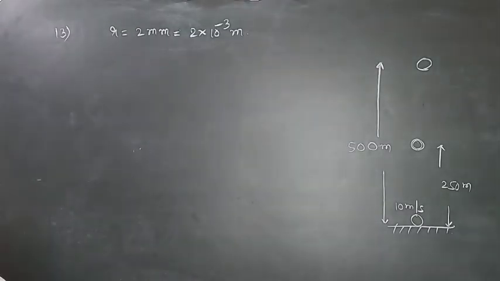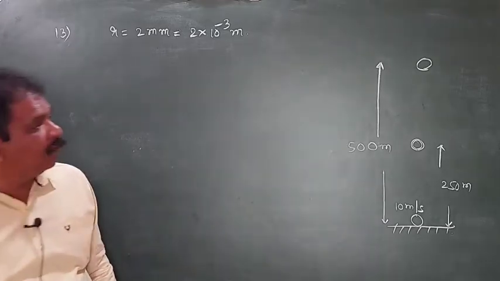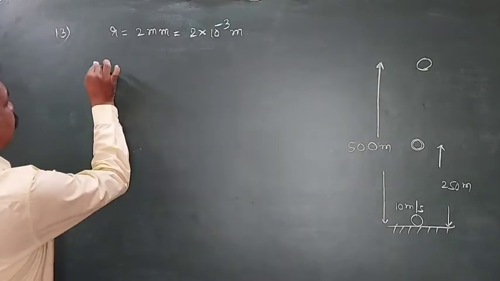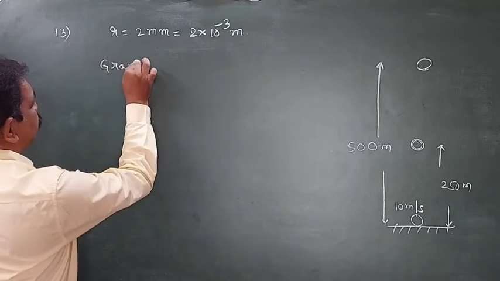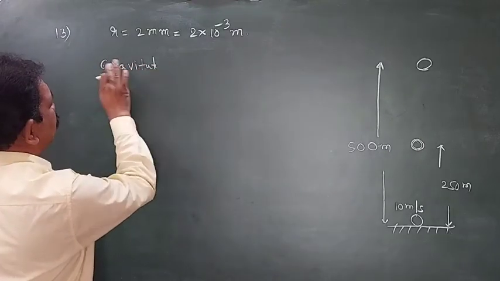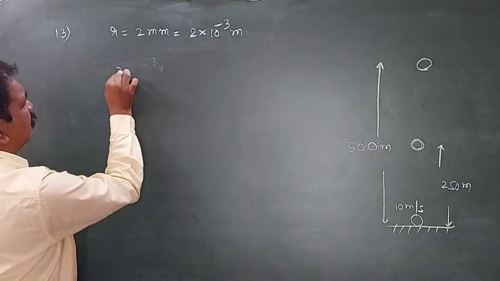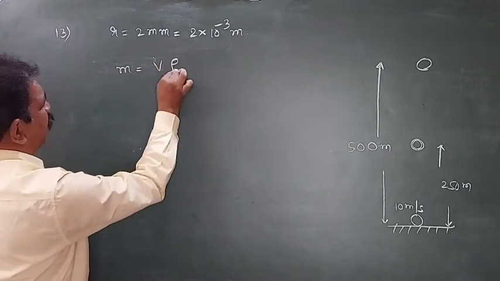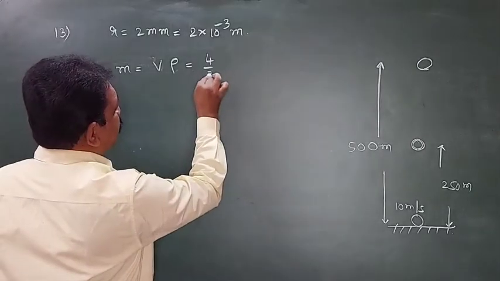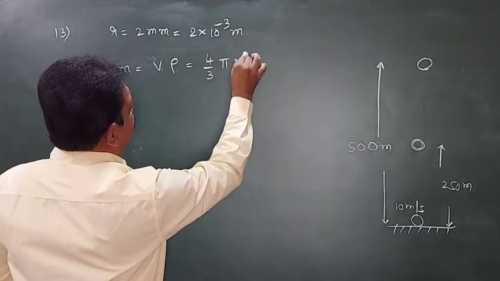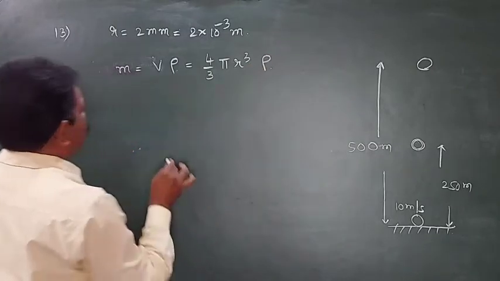So here we'll do one thing. First we will find the weight of that drop, the gravitational force. We find mass first. Mass is equal to volume into density. This value is 4 by 3 pi r cube into rho.